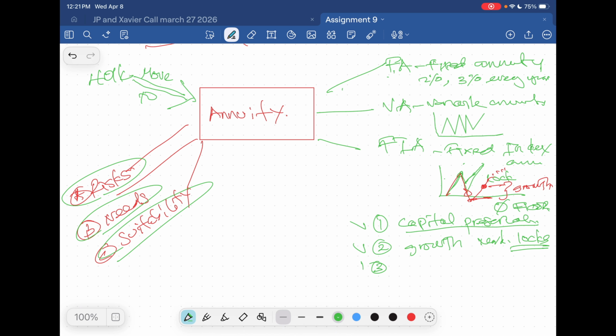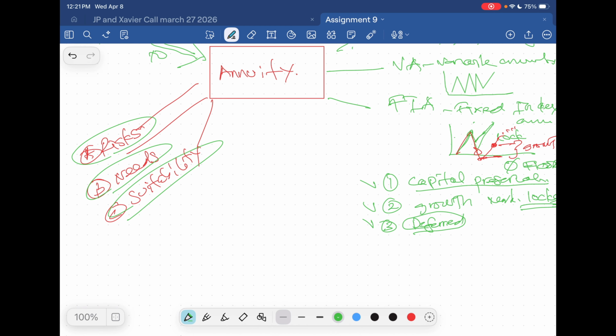Number 3, depending on what type of annuity it is, it's deferred. It's deferred for a certain number of years, or it could be an immediate annuity, meaning you can start taking income from the plan. This is immediate annuity, or deferred annuity.